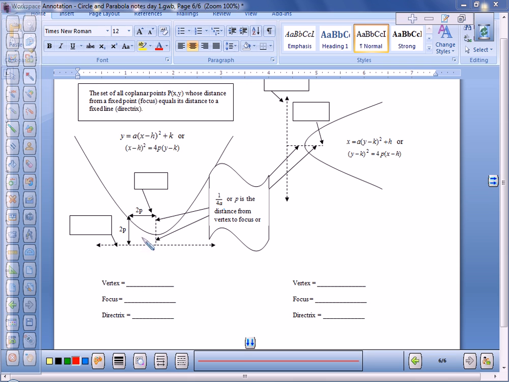What did we do to find the focus? We added P to K, didn't we? What did we do to find the directrix? We subtracted P from K. Is it always going to be add for focus and subtract for directrix, because the negative changes it?